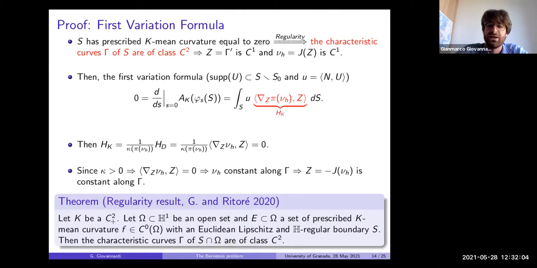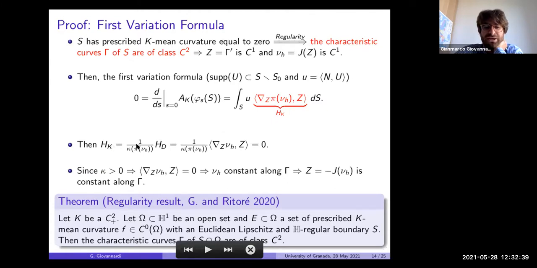The fact that Z is C1 and mu H is C1 is important, because to compute the covariant derivative you need mu H to be C1. The map pi of K is of course C1, because we have the assumption that the convex body is C2, and so Z is also C1, and so you can compute the derivative.